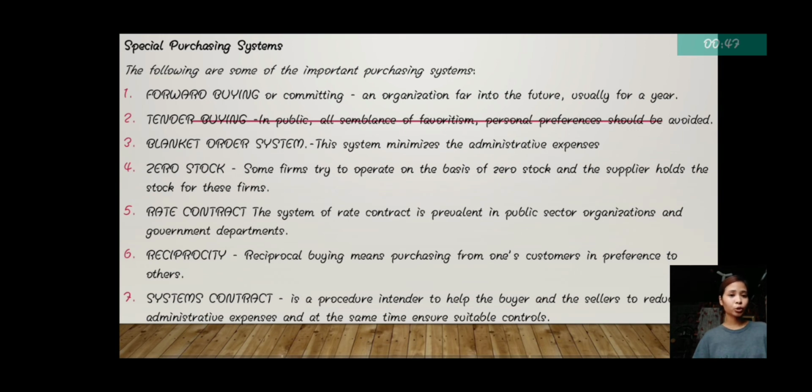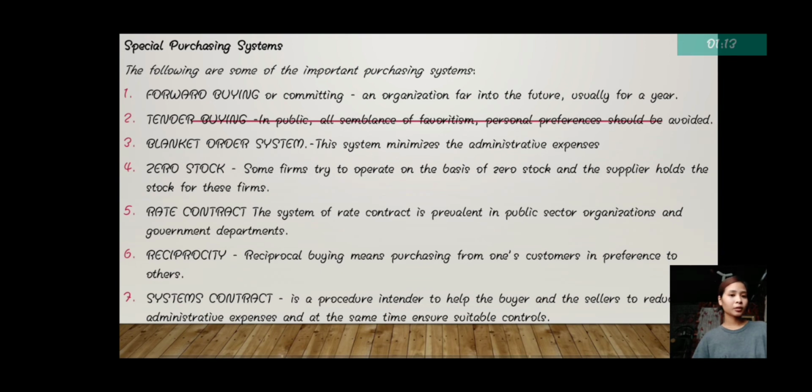And then the tender buying is in public. All semblance of favoritism and personal preferences should be avoided. So in this system, personal preferences should be avoided to prevent conflict.